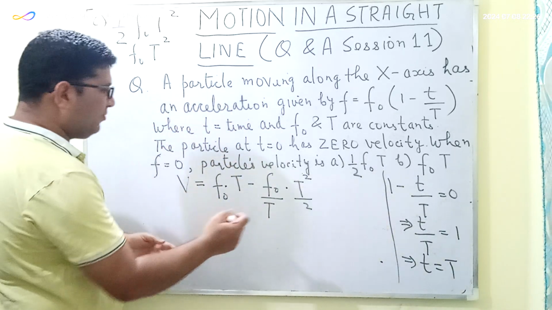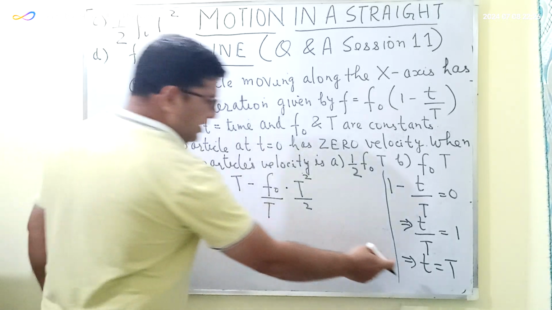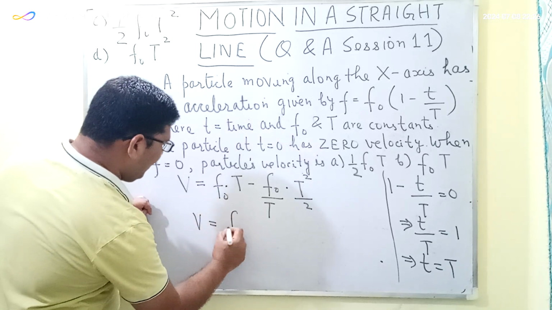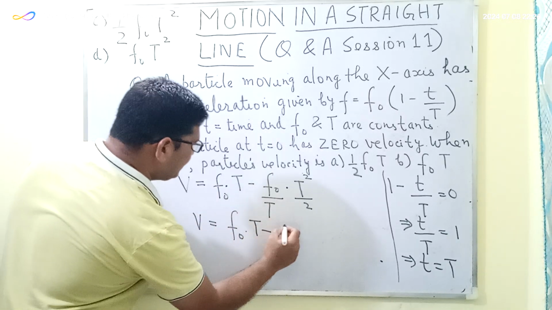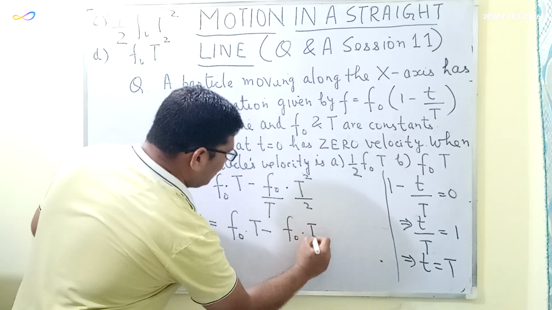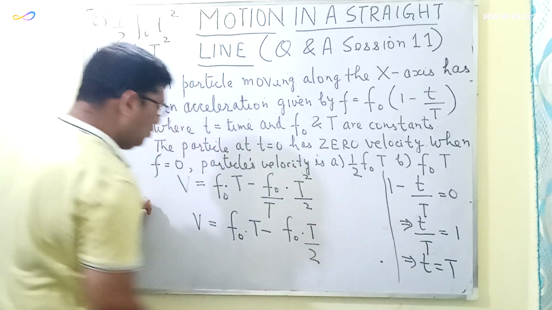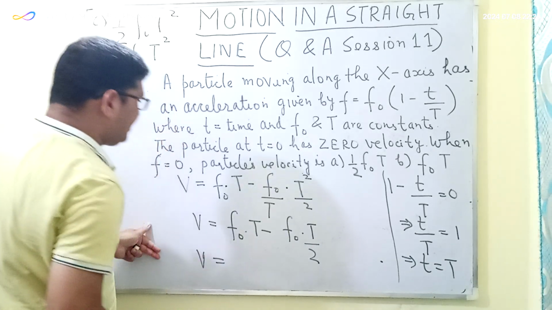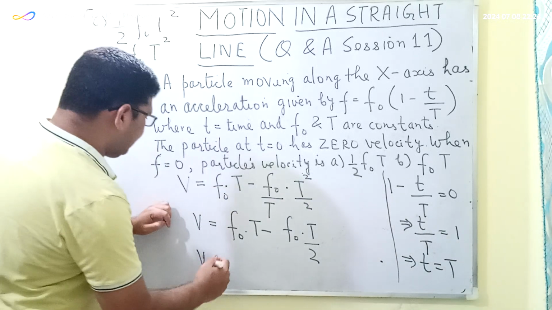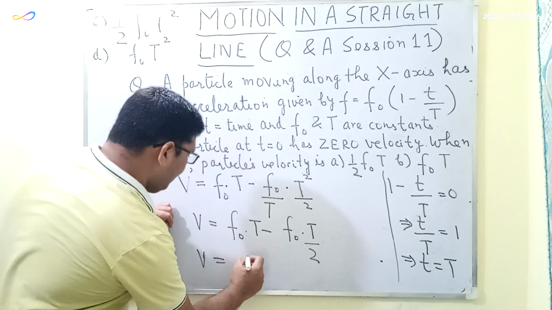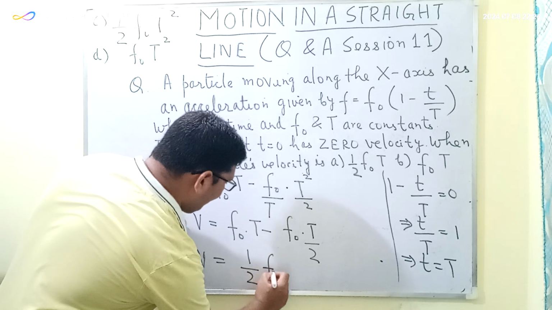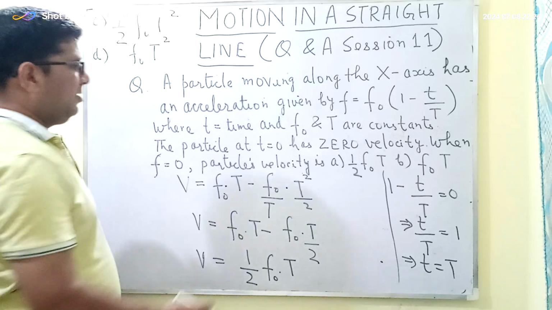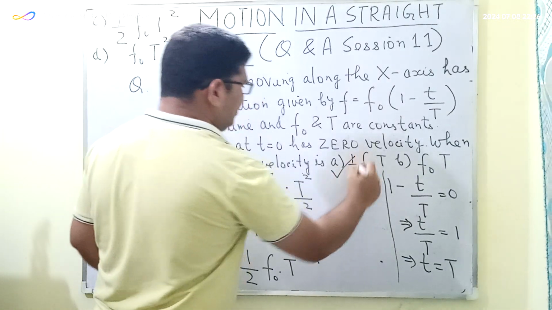So this is the equation which I have got by substituting the value of small t as T in the velocity equation, and so v is equal to f naught T minus f naught into T upon 2, or the value of the particle's velocity when the acceleration of it is 0 is equal to 1 by 2 f naught into capital T. So the correct option here is 1 by 2 f naught capital T, that is, option A is correct.